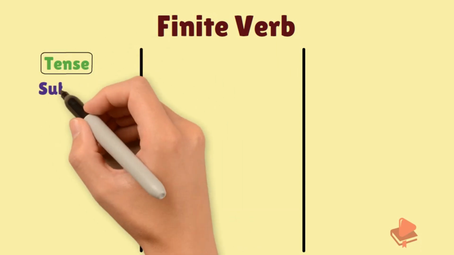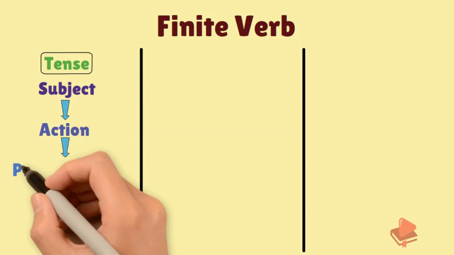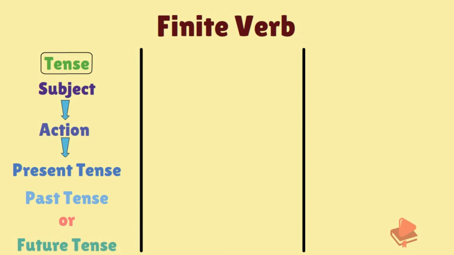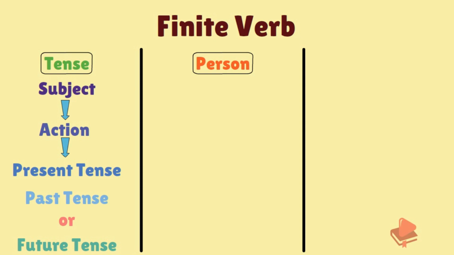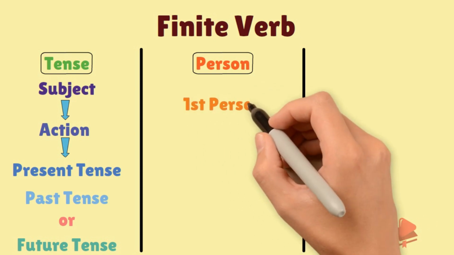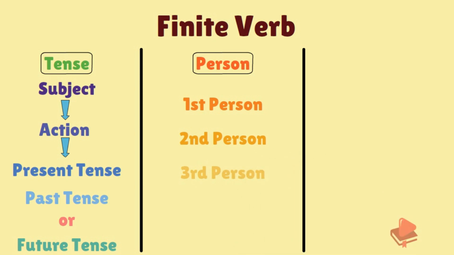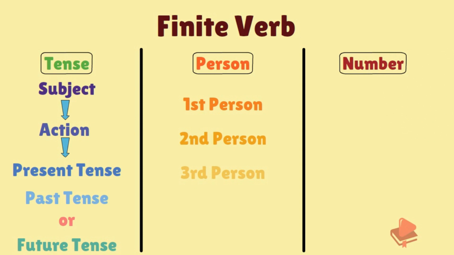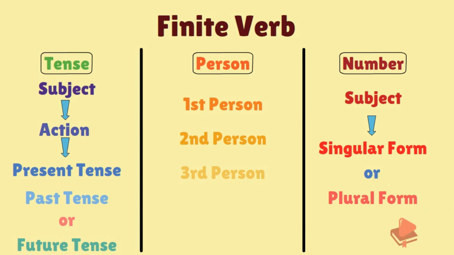Under this, the subject is performing the action in present, past, or future tense. The second criteria is person. Under this, the person is first person, second person, or third person. And the third criteria is number, under which it is either the subject in singular form or plural form.